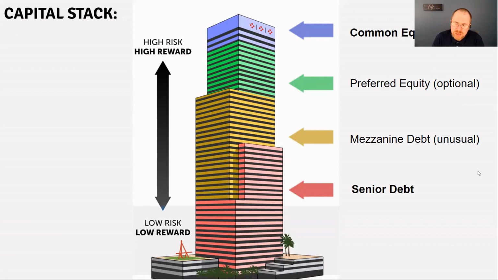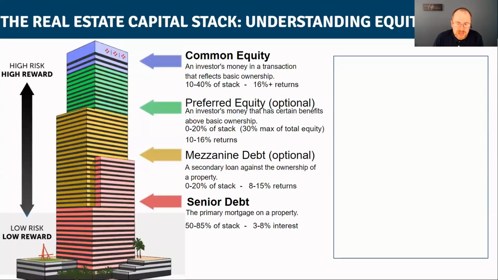This particular chart illustrates mezzanine debt as well. It is pretty unusual in in-place multifamily acquisitions. It's more common in the context of new construction. So if we dig a little bit deeper, I have several levels of how deep we go on that topic here.